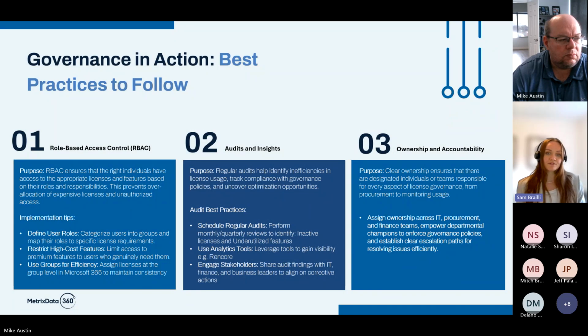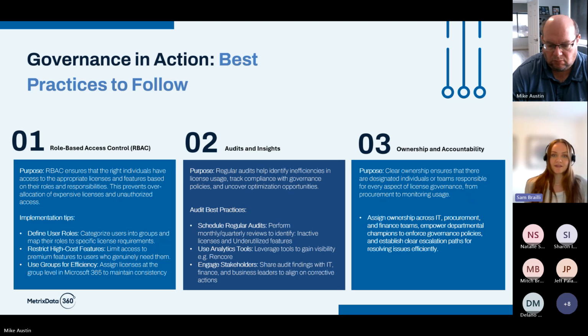A few examples of how we can reinforce ownership in our processes: firstly, we could look at cross-team collaboration. This involves IT, procurement, finance teams to cover all angles of license management. We can empower those governance champions that we mentioned a little bit earlier.